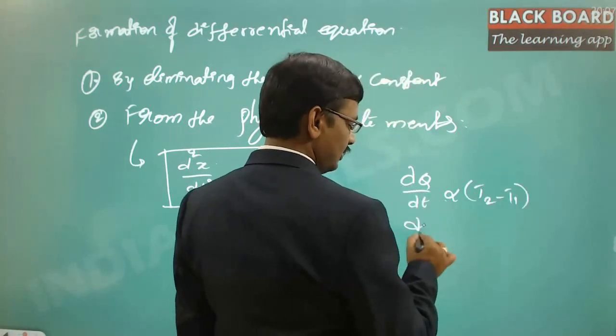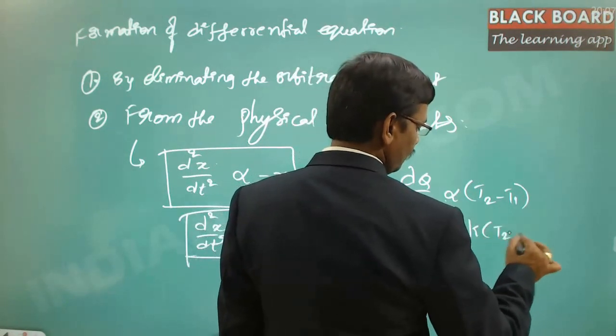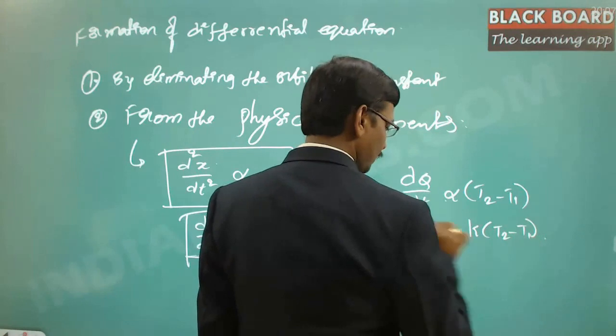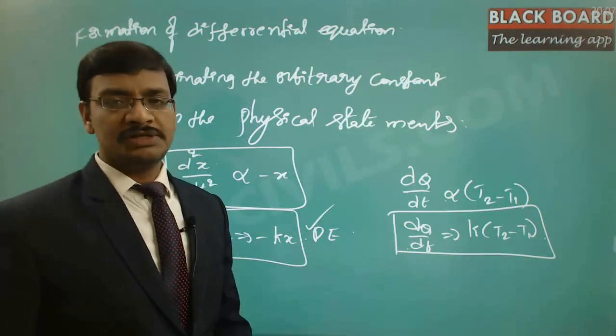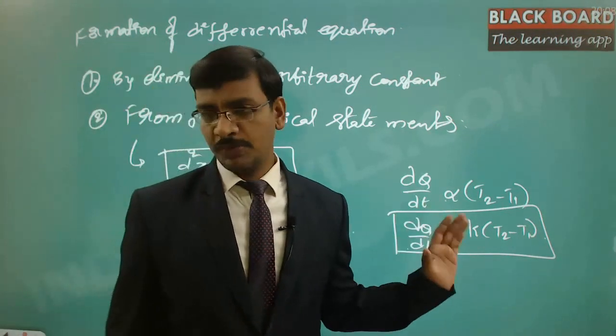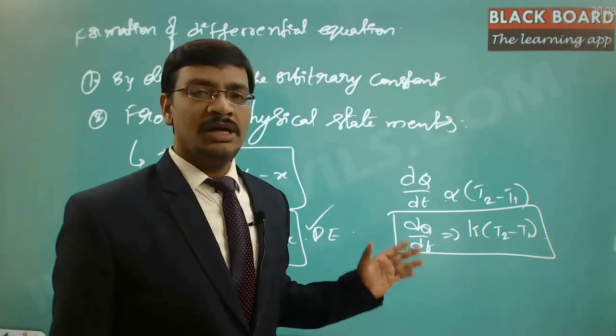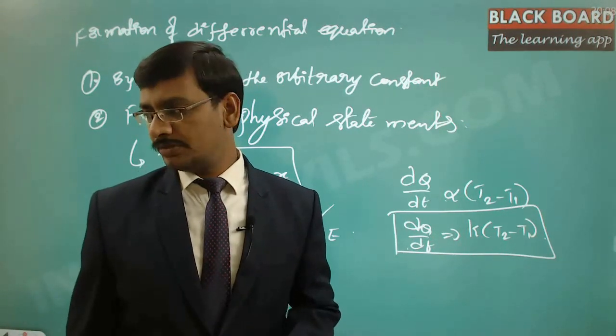That means dq by dt is equal to k times T2 minus T1. From the physical statement of Newton's law of cooling, we formed the differential equation. These are simpler differential equations, but most powerful, because they solve most of the day-to-day life physics problems.